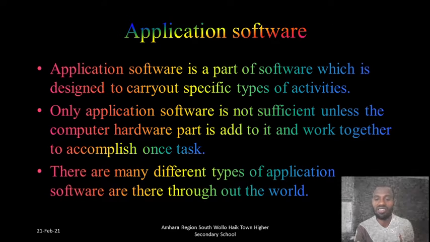There are many different types of application software throughout the world. We can count them in millions, designed by many different computer scholars, and those different application software can do different specific types of applications.